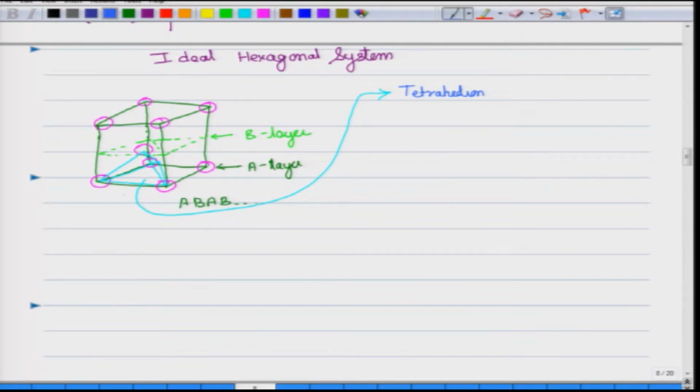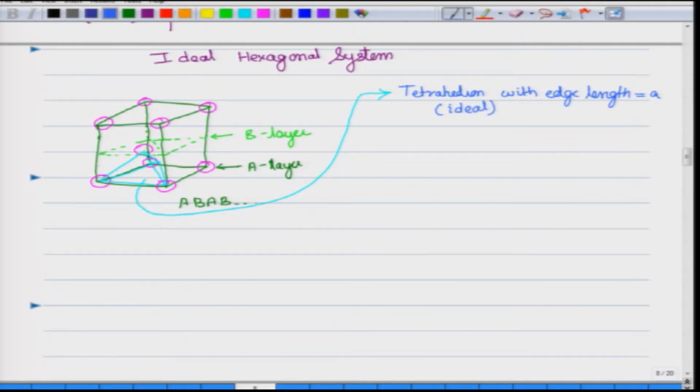And you can clearly see that all of them are equilateral triangles, and therefore, if this is A, all of this length would be A. So, it is a tetrahedron with edge length equal to A. And again let me remind you, this is when we are talking about the ideal.